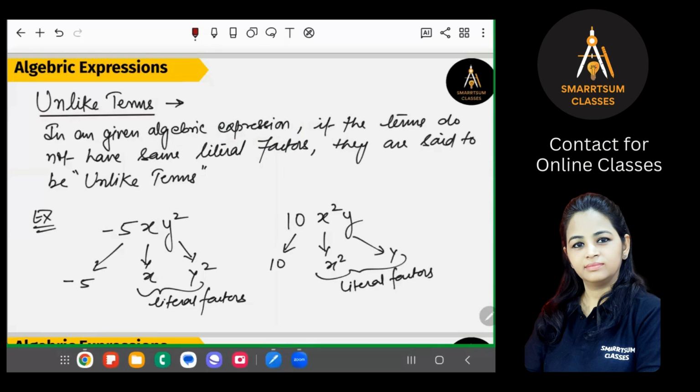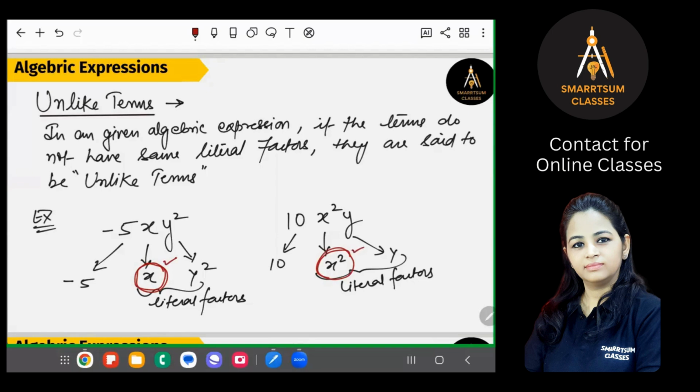So just check it out. Here you have x, but here we have x square. Power should also be same. For the variable, means for the literal factor, their power is also important. They should be same. So both sides we have x, but here we have x, and in the other term, we have x square.